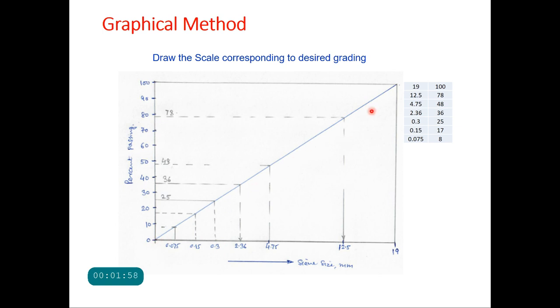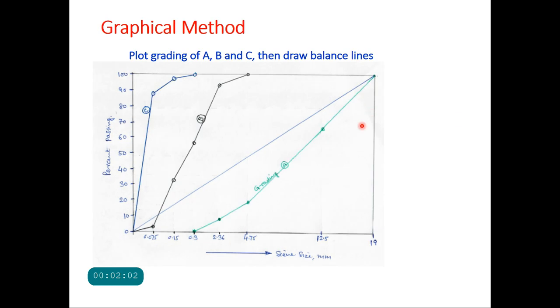And for this scale, the desired grading becomes a straight line. Now on this graph paper, we plot the grading of A, B and C. So this is the grading of aggregate A, of B and of C. Now you will see that they do not follow the straight line. They are still curved. Therefore, we draw a balance line, which will be a straight line, drawn in such a manner that the area between the curve and this dotted line, or balance line, is balanced outside and inside.